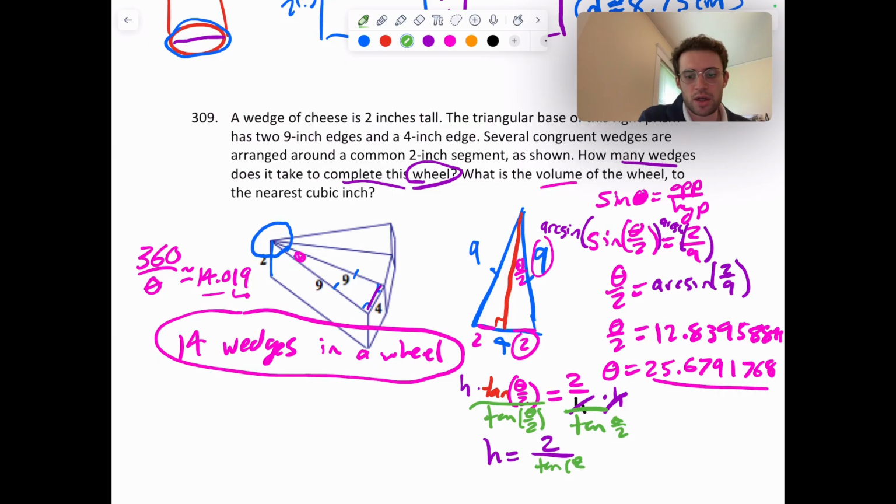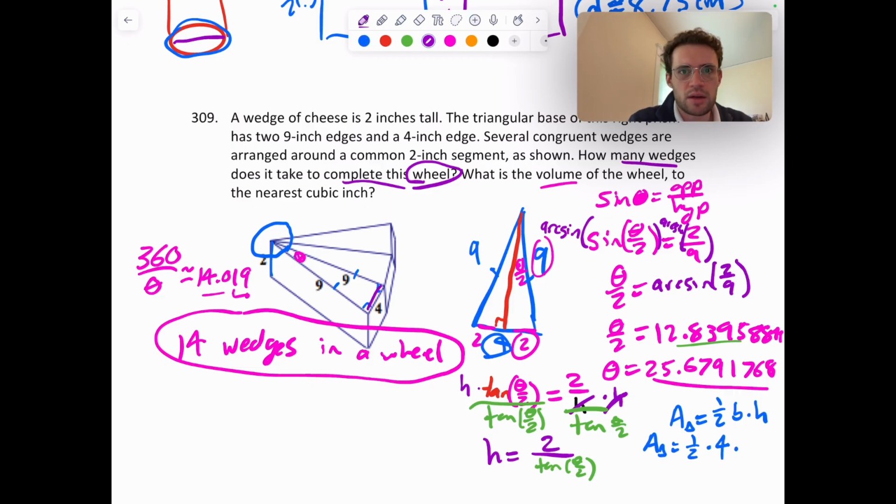And again, we know what theta over 2 is. We can plug this value in from up here. So now I'm just going to write the area of one triangle. So one of these slices is equal to 1/2 times base times height, or you could write base times height over 2. It's the same thing. In this case, that means 1/2 times our base again is 4, right? Use the entire base.